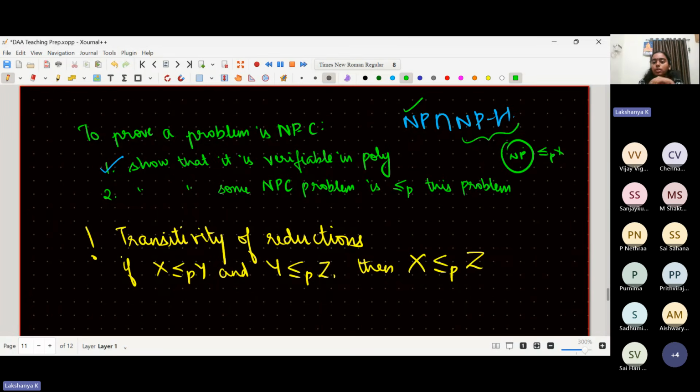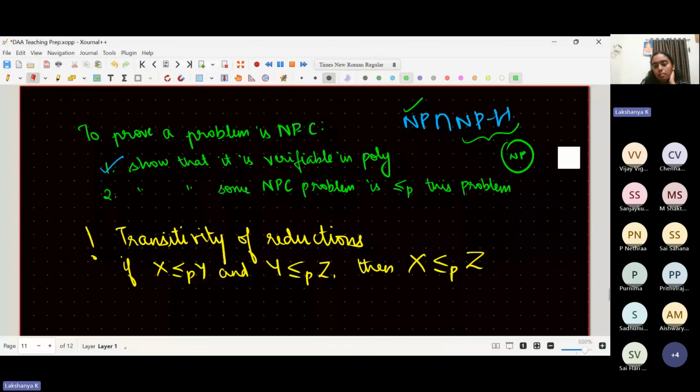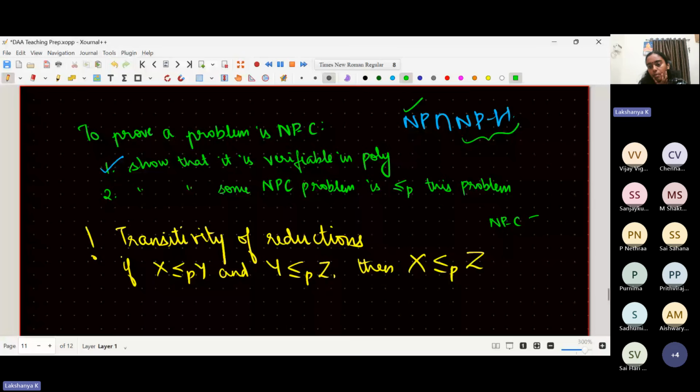So what we do is we take something from NP complete, and if you can prove that it is reducible to X, what happens is, see, this is your NP complete, the pink part.